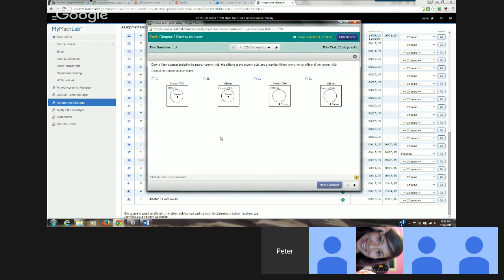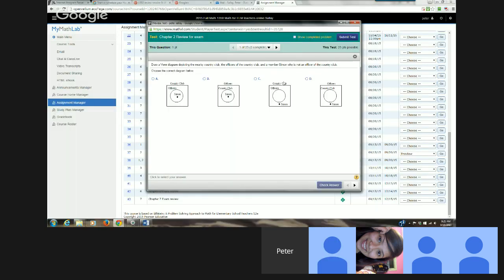All right. So it says draw a Venn diagram depicting nearby country club, officers of the country club, and member Simon, who's not an officer of the country club. Okay, so country club would be the universal set. So that would be on the outside here because it's the biggest. It's the thing that encompasses more than other things.